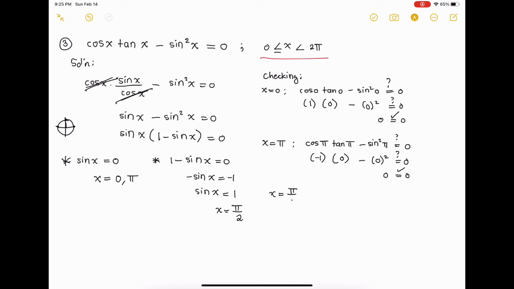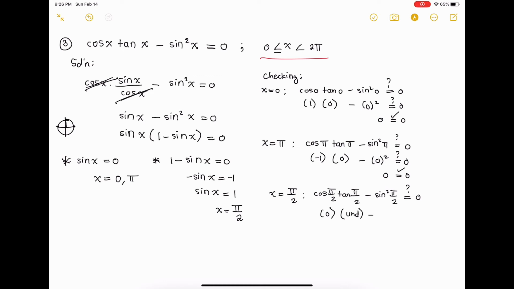Third, x equals pi over 2. Substitute to the original equation. Cosine pi over 2, tangent pi over 2, minus sine squared pi over 2 equals 0. We need to check this one. Cosine pi over 2, that's 0. Tangent pi over 2, that's undefined.